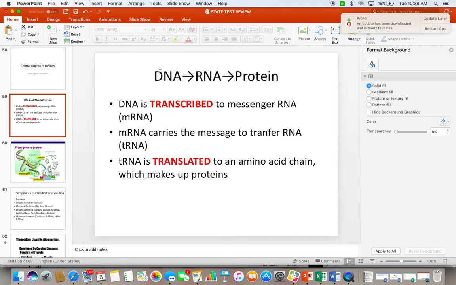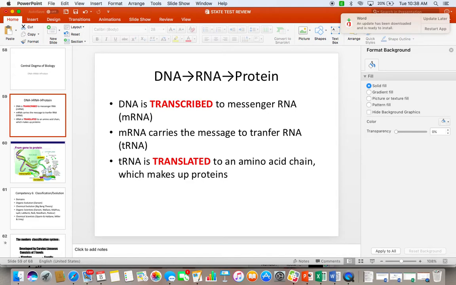So the cookbook was kind of like the DNA, because the DNA stays in the nucleus, and just like my cookbook is not leaving my house, I'm going to keep it in my kitchen. But she copied the recipe onto an index card, which is kind of like the role that the RNA is playing, okay?